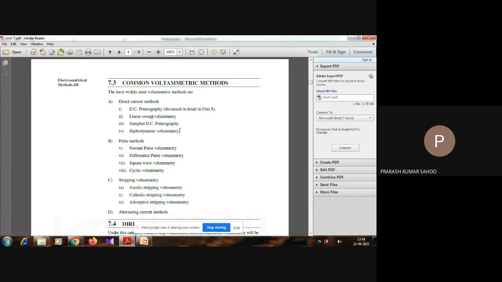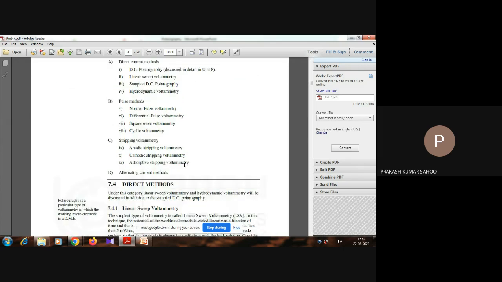So voltammetry and polarography both go parallel to each other. Then we have the pulse methods. In the pulse methods, we have normal pulse voltammetry, differential pulse voltammetry, square wave voltammetry, cyclic voltammetry.